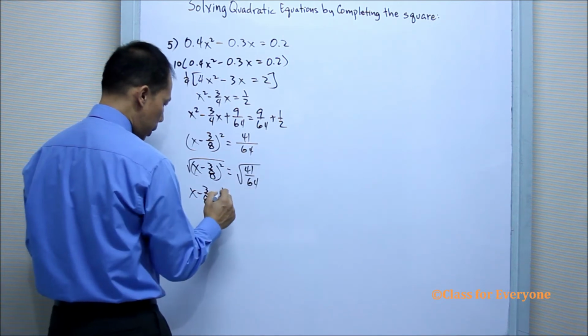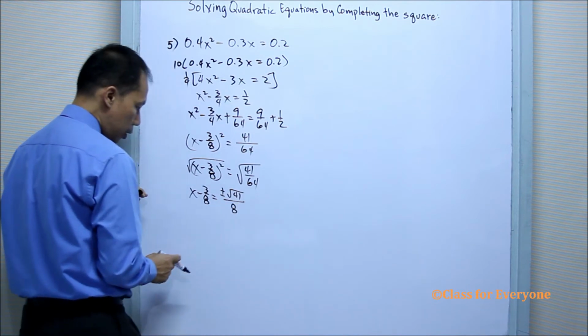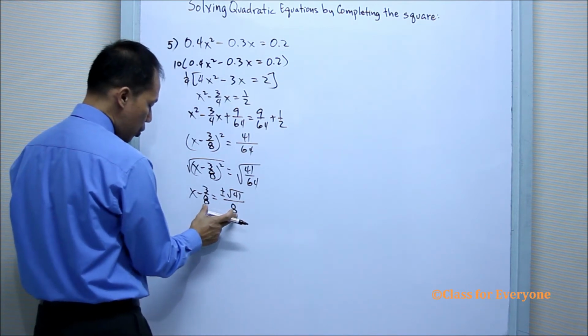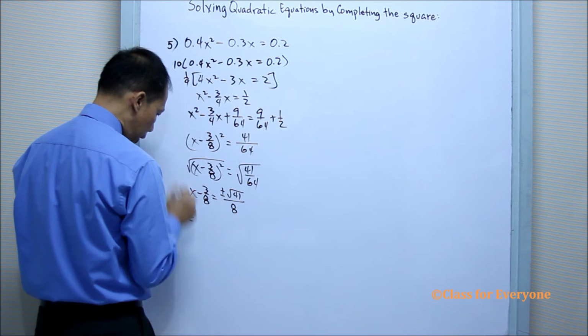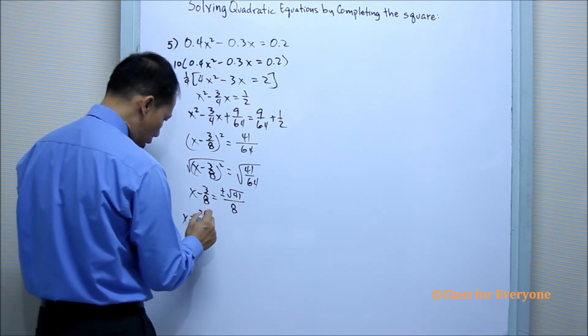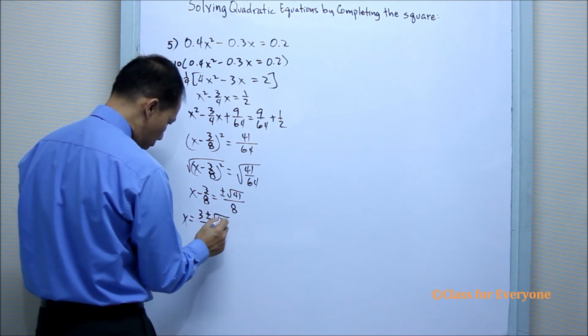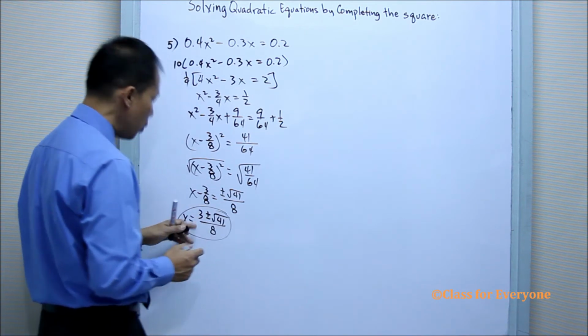The right side will be plus or minus the square root of 41 all over 8. Since they have the same denominator, I can combine it into a single fraction as x is equal to 3 plus or minus the square root of 41 all over 8, which is our roots.